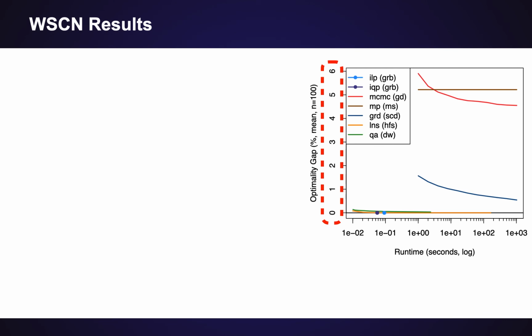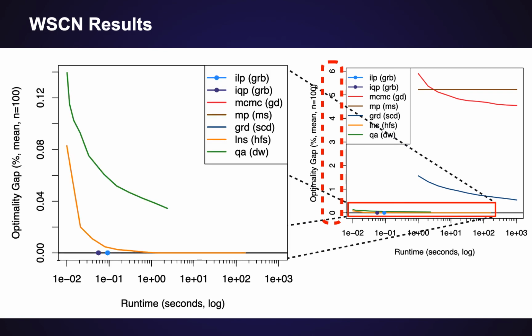So if we take the weak-strong cluster network case, the energy scale is smaller, so 6% is pretty small for all the problems that we've considered here. But the good news is that many of the heuristics don't find the optimal solution. When you zoom in here, HFS is clearly beating the quantum annealing approach. And most importantly, these relaxation-based methods are finding the optimal solution.